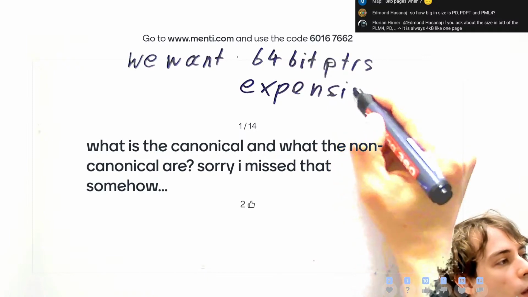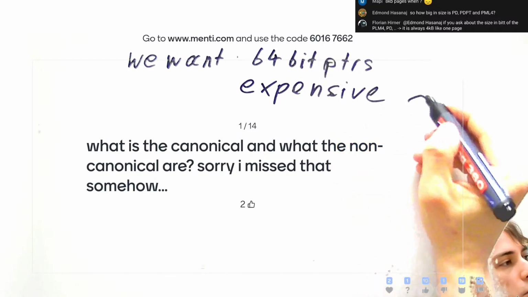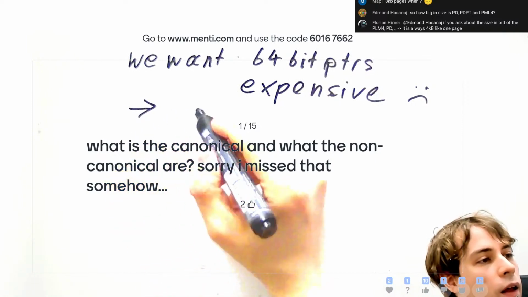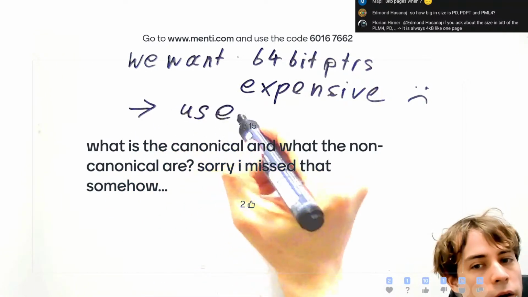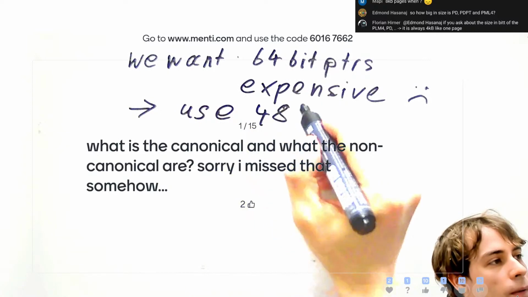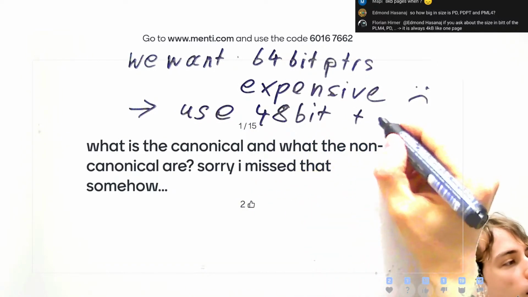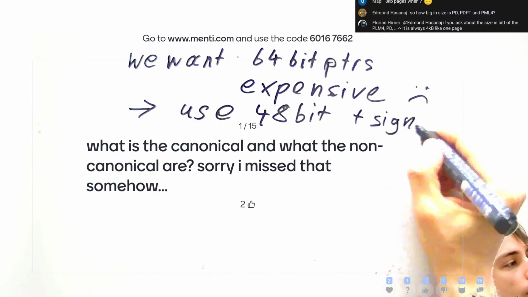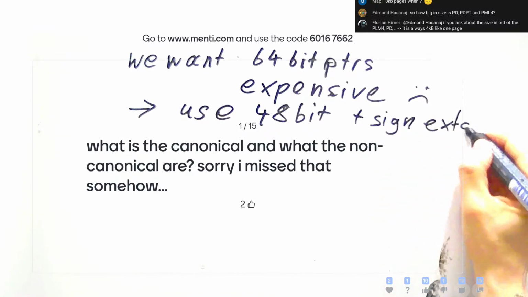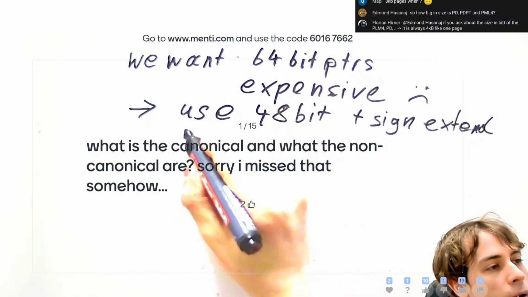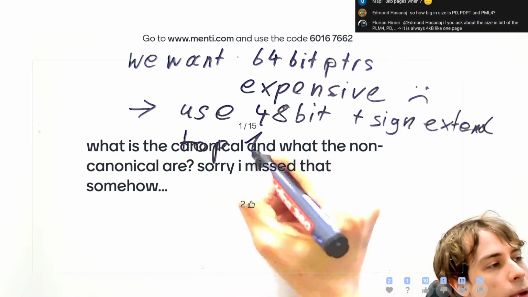So that means people will be sad. What we do instead is use 48 bits and sign extend. That means that we actually don't support 64-bit pointers, but the top 16 bits.